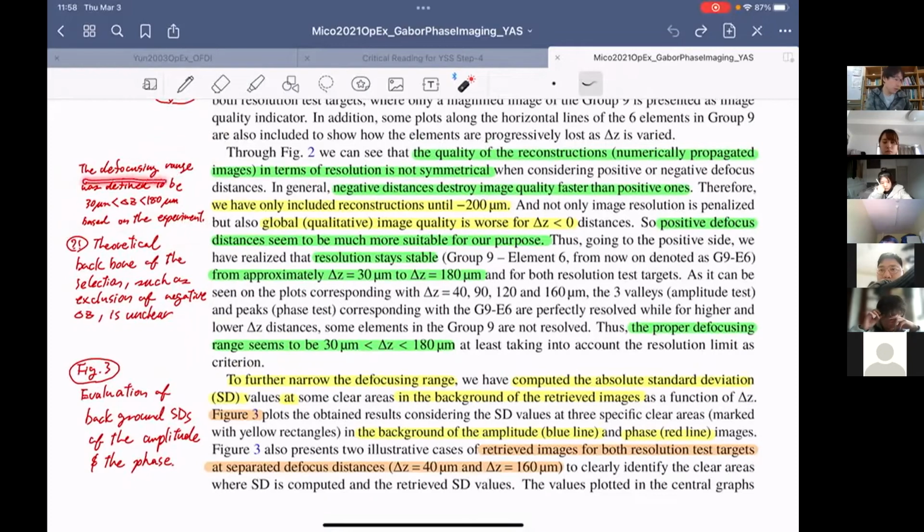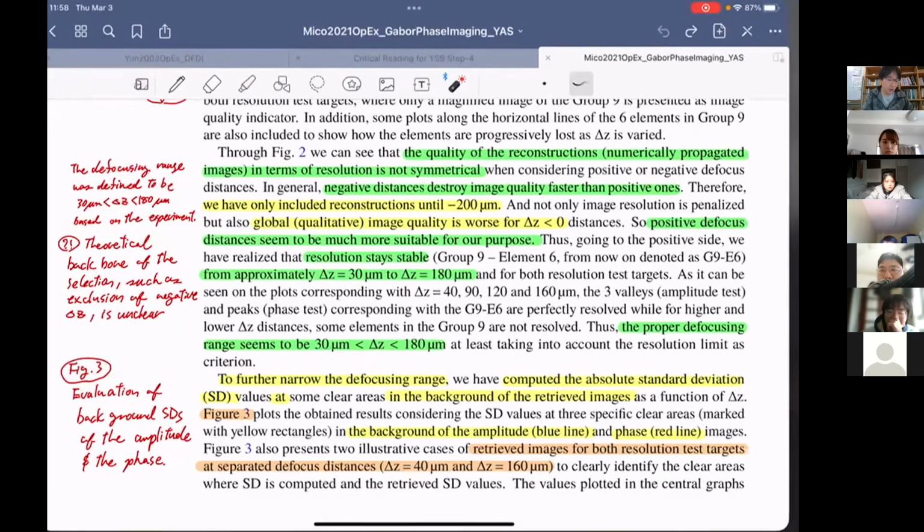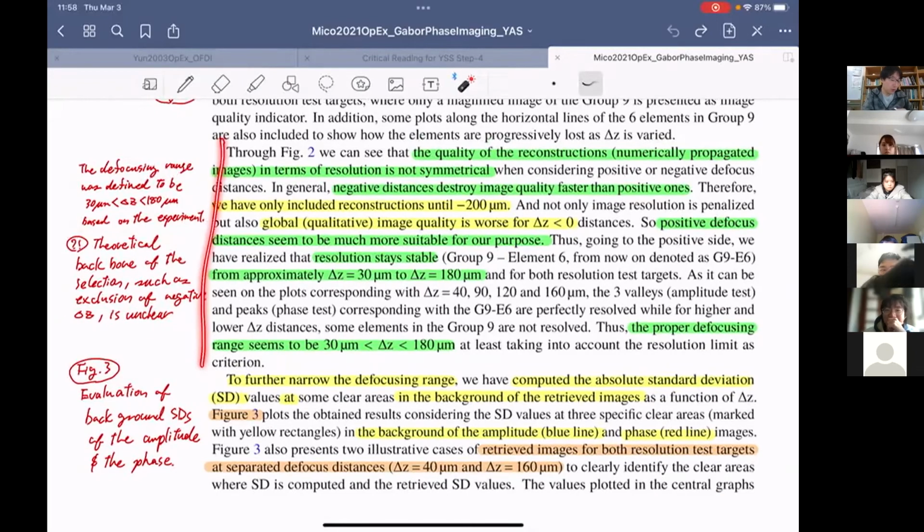Like that the focusing range was defined to be 30 microns to 880 microns based on the experiment. Okay, you can check it. When you check the sentences, actually they wrote a lot of things in detail, and I didn't select the words of them, but I re-explained it in my own words. Okay.